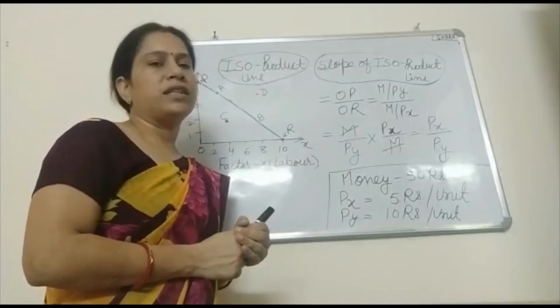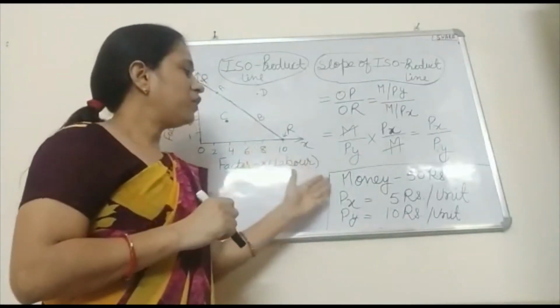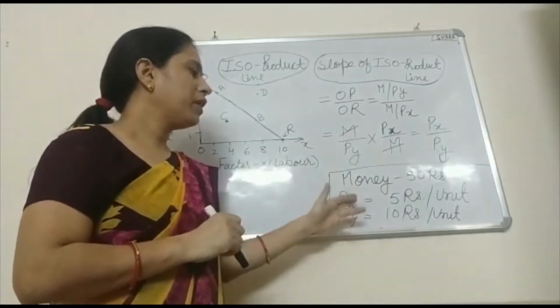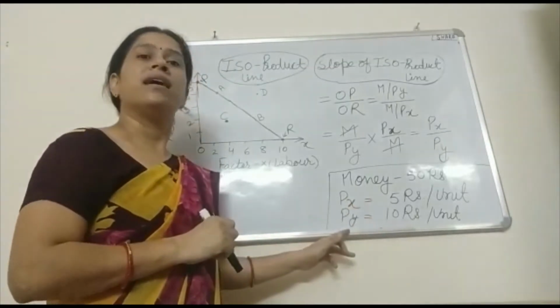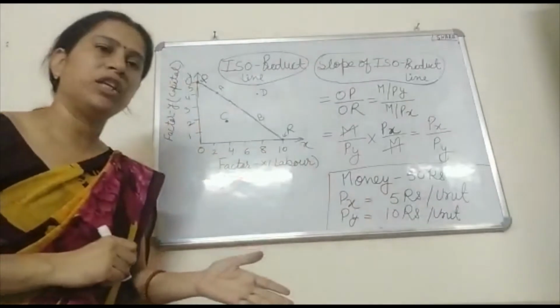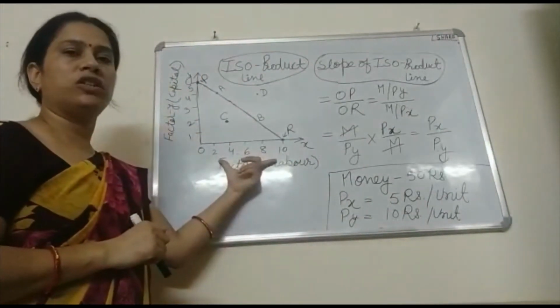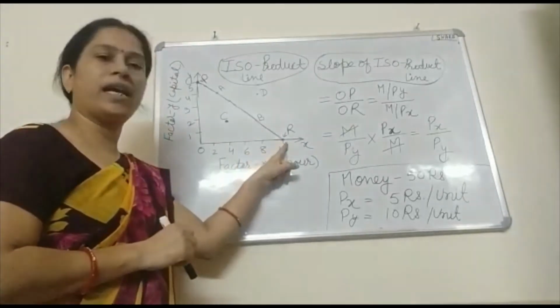Now we will make this concept more clear with the help of a diagram. As we know, the producer has 50 rupees to spend on X and Y factors. Price of X factor is 5 rupees per unit and price of Y factor is 10 rupees per unit. If the producer spends all his money on X factor, he will get 10 units of X factor, and we get point R on the X-axis.